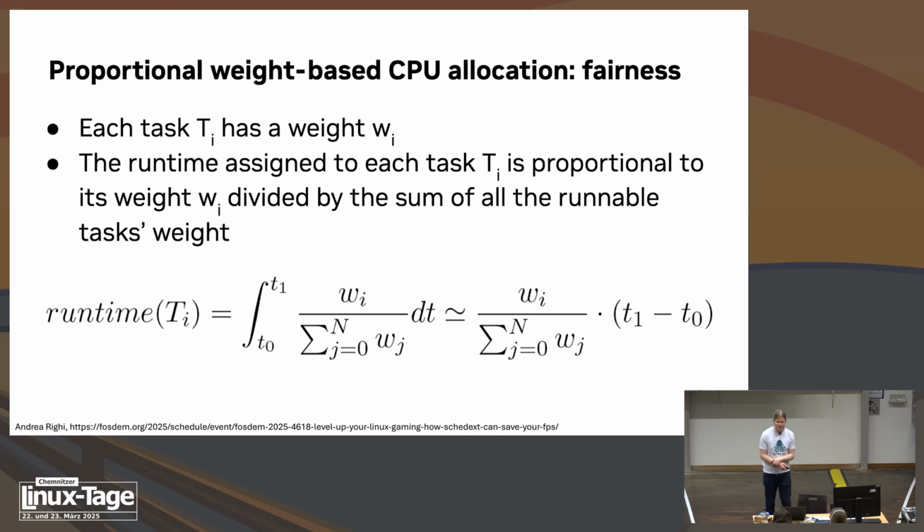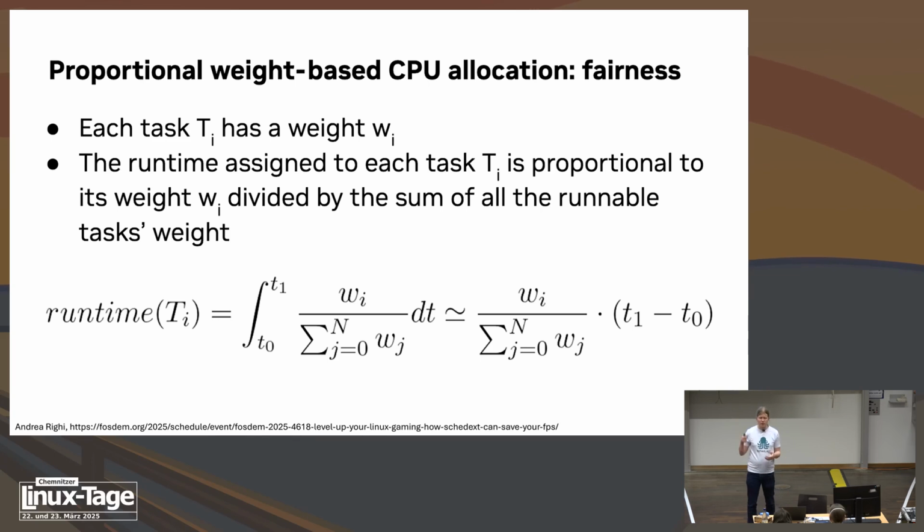Let's choose another task. And now, for the math nerds in there, we can also formalize this, taken from Andrea Righi's talk at FOSDEM on the topic of gaming and sched_ext. Essentially, we assign every task a weight, that means the priority, and then we have the runtime, which is proportional to its weight, and the virtual runtime. Essentially, we want to make sure that the runtime for a task is proportional to its runtime proportion.